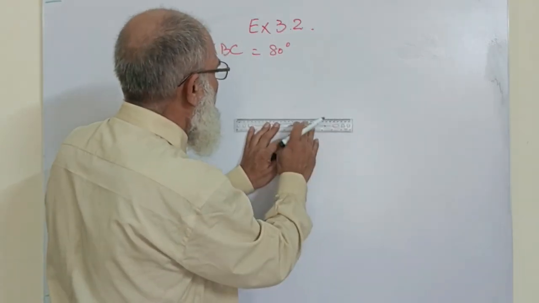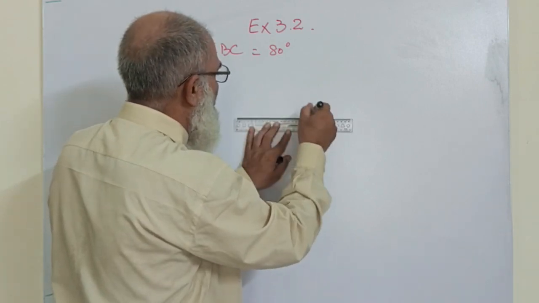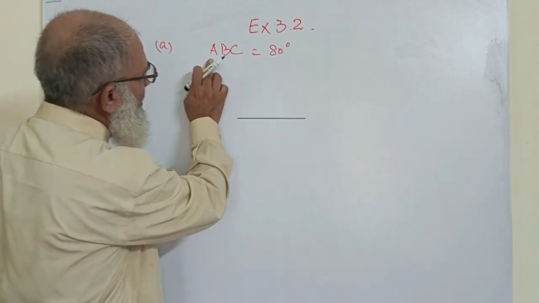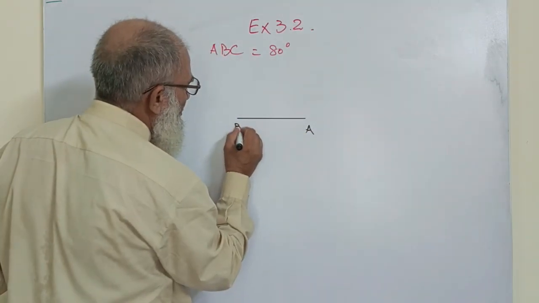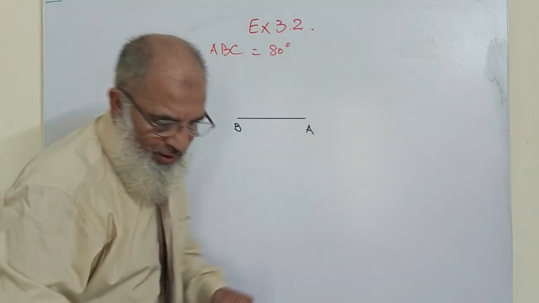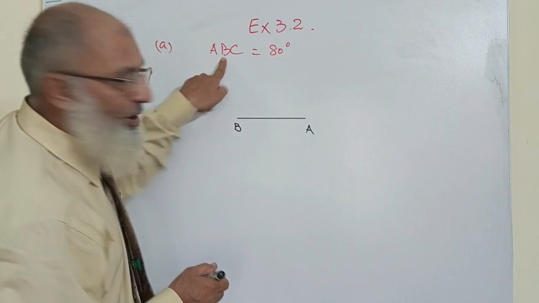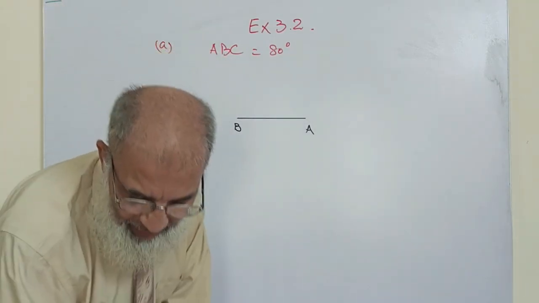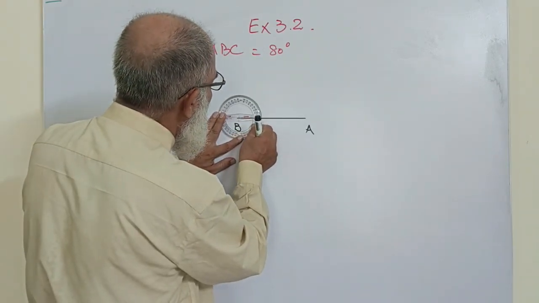So what we do, we just start making an angle of 80 degrees like this. Now this is ABC, and what we have to do is fix this point as a vertex. Now this is the vertex, because it is in the middle over here. We'll use the protractor to draw an angle of 80 degrees.